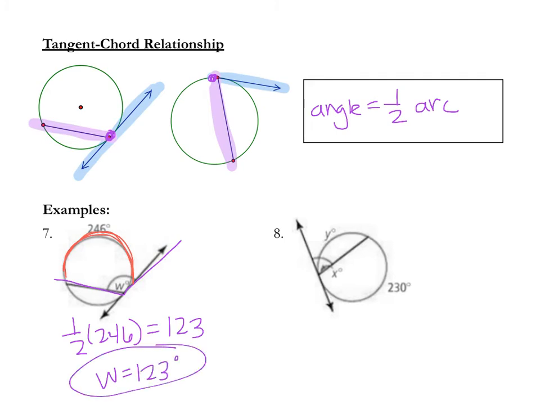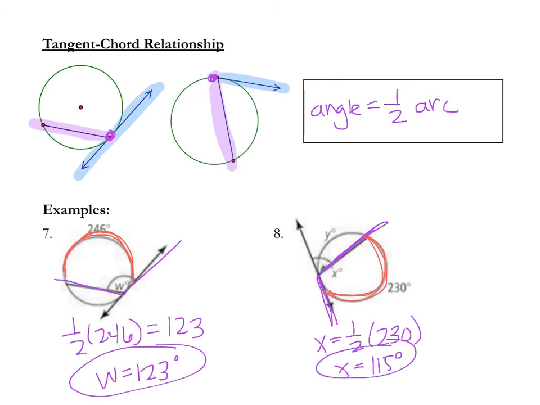And then in the second example, I'm going to first trace off this angle because that's where the 203 is. The 203 is inside of there. So I can find X by taking half of 203. So that tells me X is 115.